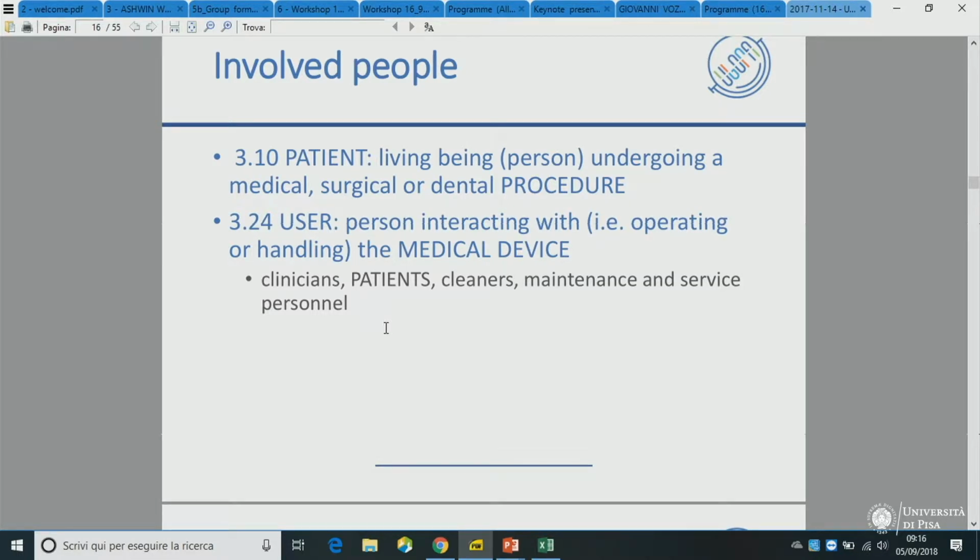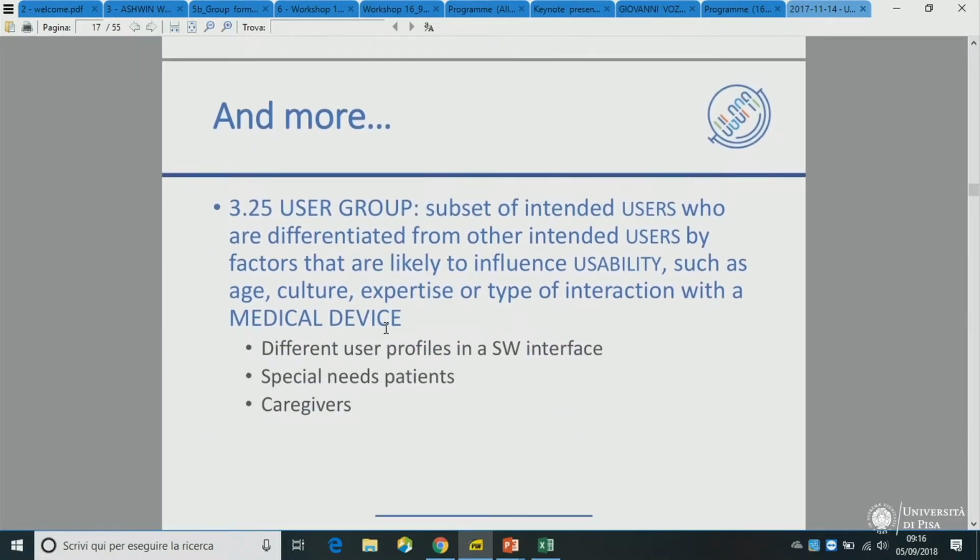Typically, in complex interfaces, you have different passwords. Admin, user, master, slave. Is it clear why? Because there are different groups. The admin and the users are different user groups. There's a theory behind this, but just to let you know. And more. For example, you have different user profiles in a software interface. The same medical app can be accessed by the patient and by his physician, and they're going to see different interfaces to be able to comment on the same data.